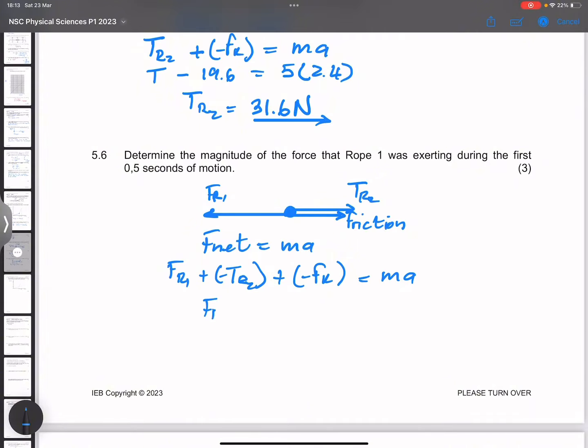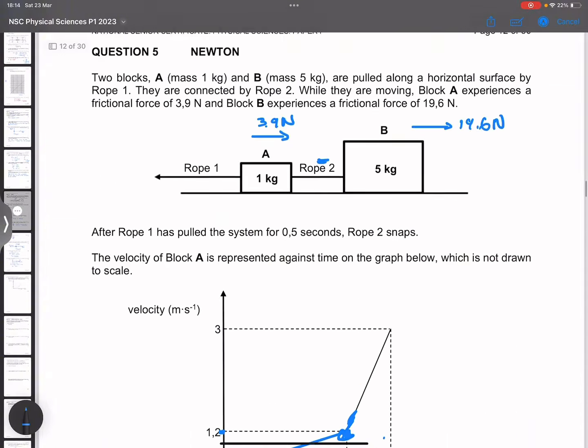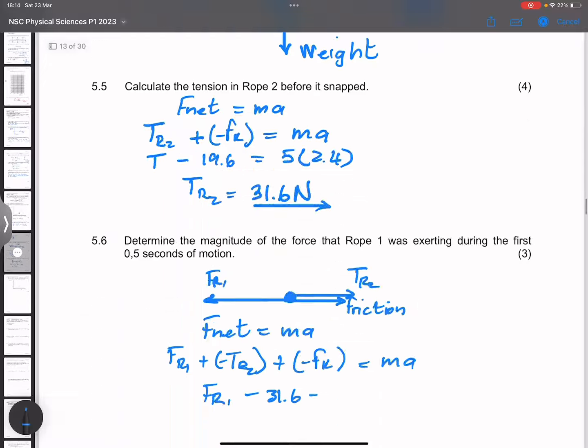So the force of rope 1 minus our tension, we got that to be 31.6, minus the frictional force. And let's remind ourselves that friction was 3.9.